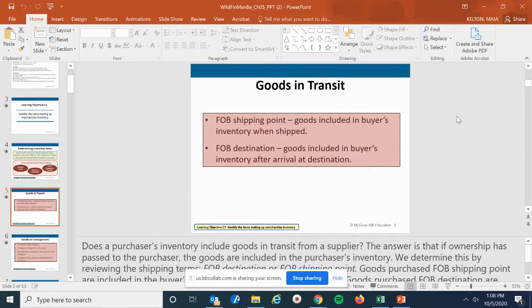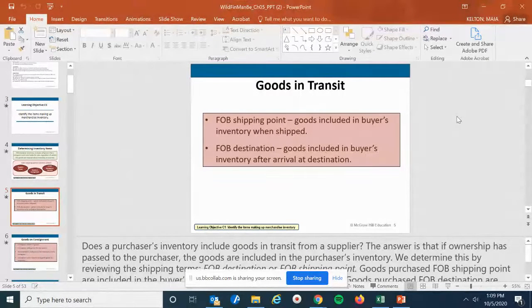So as soon as the seller loads the goods they sold to the buyer on the public carrier, whether that's trains, planes, or automobiles, those goods become a part of the buyer's inventory. So this is what you need to remember for FOB shipping point. The goods are included in the buyer's inventory as soon as those goods shipped.